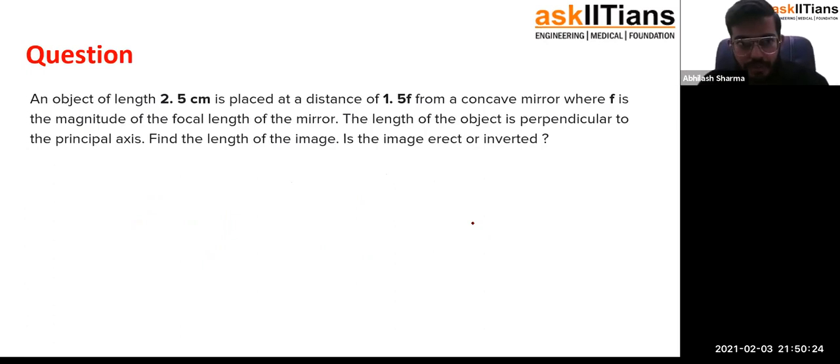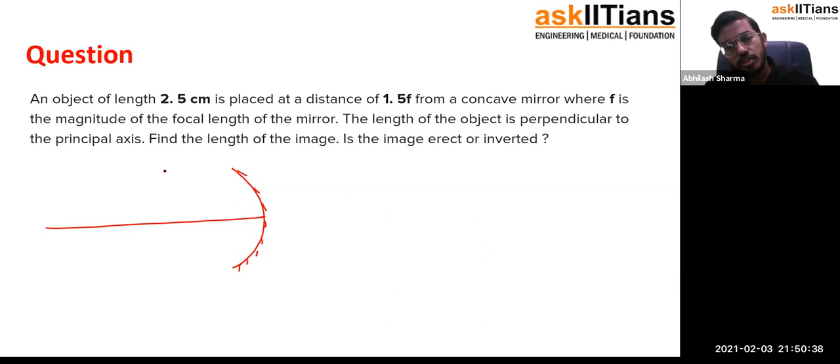Moving ahead. An object of length 2.5 centimeter is placed at a distance 1.5 f from a concave mirror. Again, a concave mirror. The object is placed at 1.5 f. If this is f, then somewhere here the object is placed and its height is 2.5.